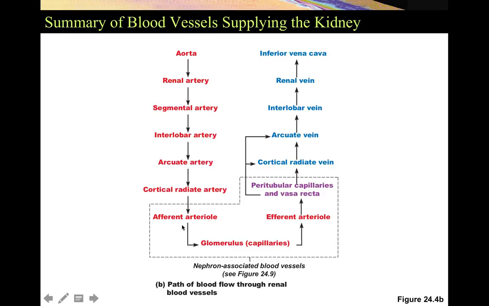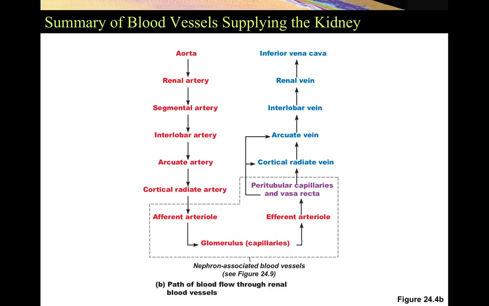The cortical radiate artery forms smaller branches for each nephron called the afferent arteriole, which eventually becomes the glomerulus. The glomerulus merges together to form your efferent arteriole. The efferent arteriole then wraps around the nephron tubule as either peritubular capillaries or vasa recta, with the same function.